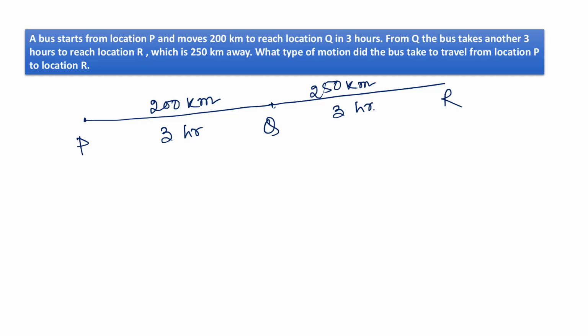Then from location Q to location R, you are traveling 250 kilometers in 3 hours, right? So the time gap is same, but you are covering different distances. So whether it should be a uniform motion or non-uniform motion, just think. You can pause the video and think, then you can recheck.